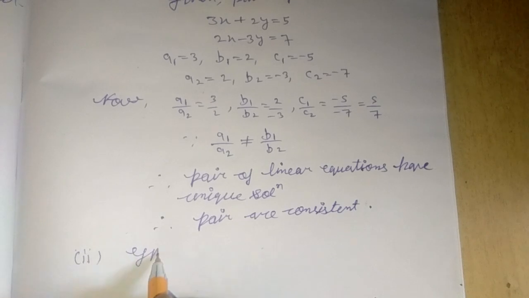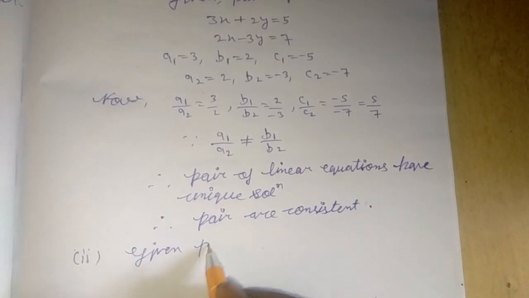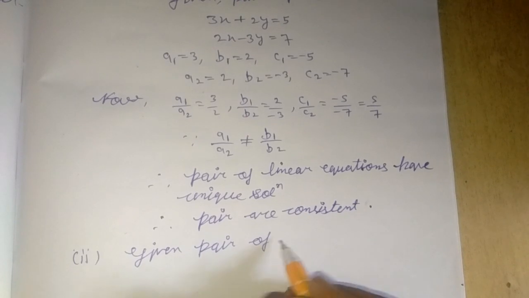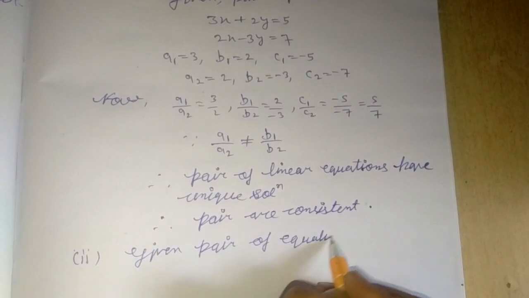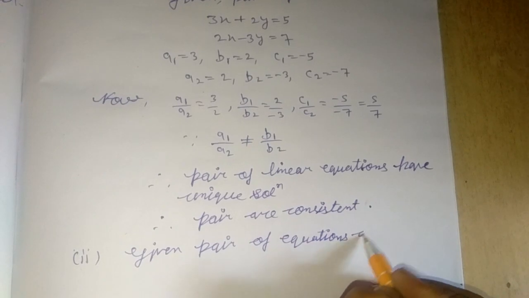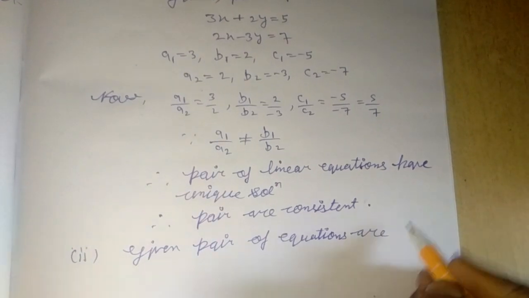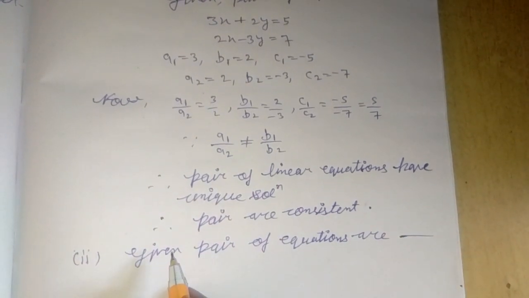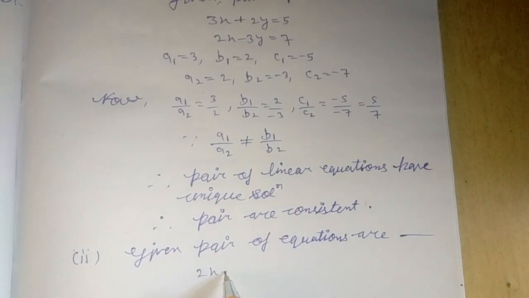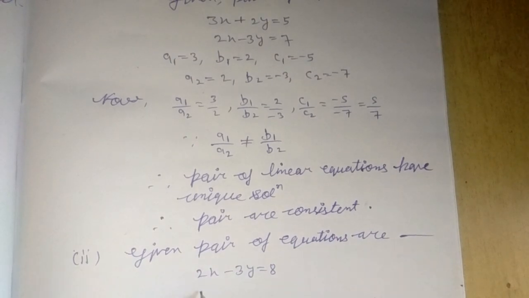We write given pair of linear equations are 2x minus 3y equal 8, 4x plus 6y equal 9.